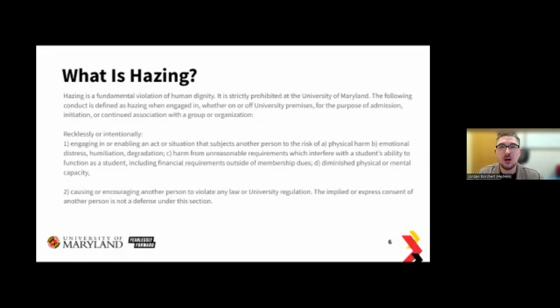So even if people are for it or want to give express consent to be a part of it, they're still going to be held accountable, because hazing, as we talked about, right, is a violation of human dignity, whether somebody agrees with it or not.